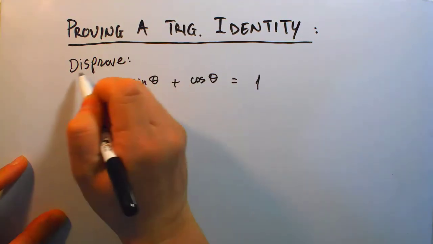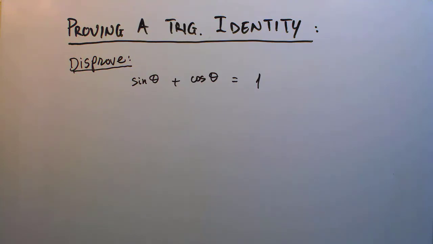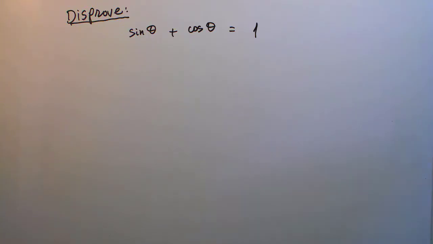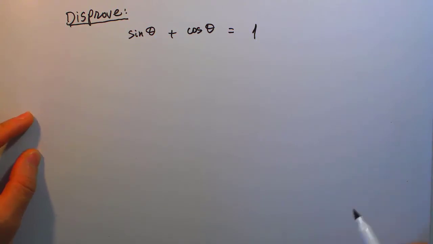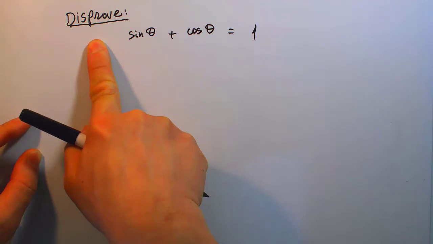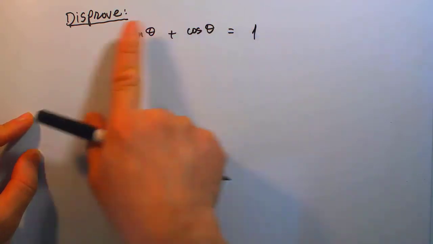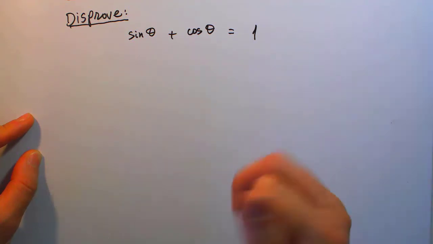And so let's learn how to disprove an identity. Disproving an identity is actually simpler than proving it. Remember again, the term disprove here means we're trying to show that this equation, claimed to be an identity, is actually false.